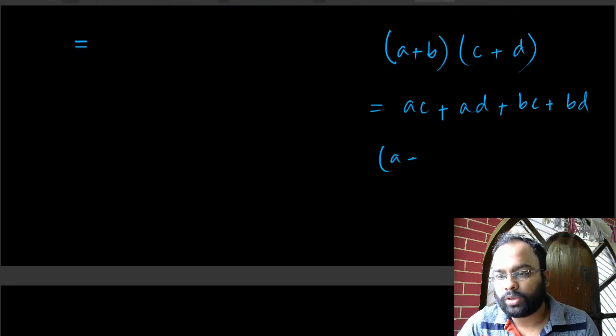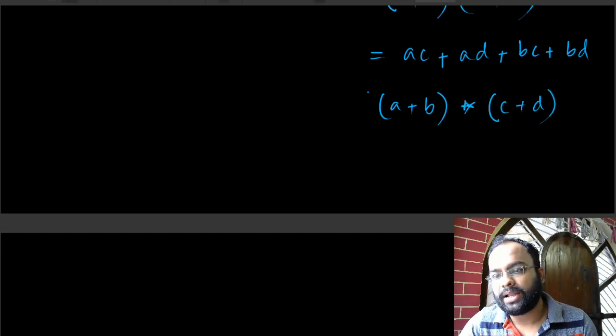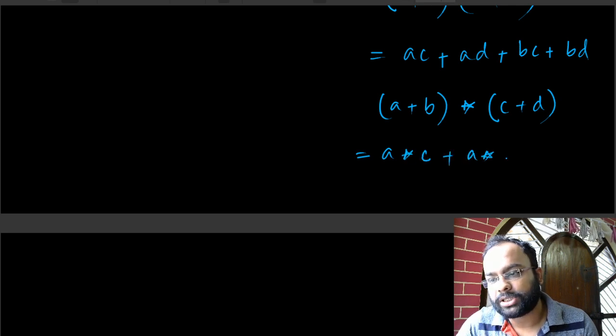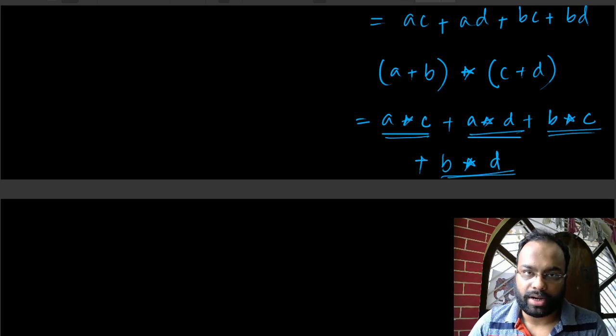If I have two signals A plus B and I convolve this with C plus D, the result is A convolution C plus A convolution D plus B convolution C plus B convolution D. Of course, convolution has higher precedence over addition, so each convolution is done first, and then they are added.